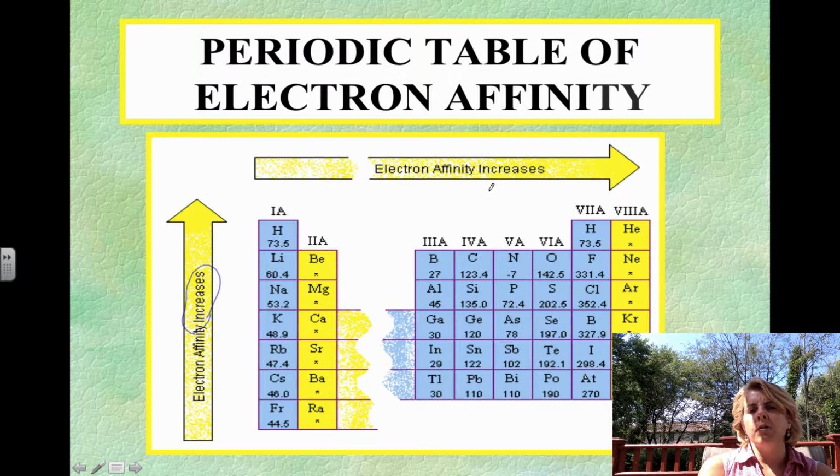The same goes as you go from left to right, okay? As you have electrons being given to the elements on the right-hand side of the table, notice that more energy is being released. They're more tightly held. Therefore, the affinity increases as you go from left to right.